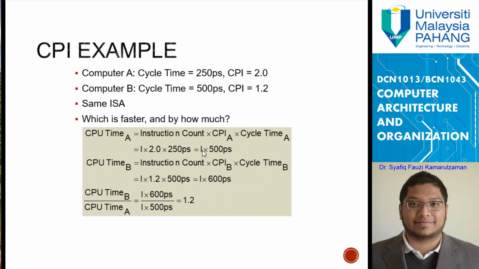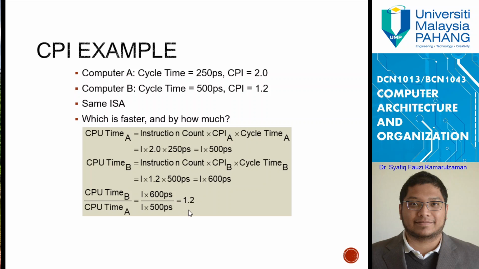For one instruction, it took 1 times 2.0 times 250 picoseconds, equal to 1 times 500 picoseconds. CPU time B is instruction count times CPI B times cycle time B: 1 times 1.2 times 500 picoseconds, equal to 1 times 600 picoseconds. So CPU time B divided by CPU time A is 1 times 600 picoseconds divided by 1 times 500 picoseconds. You can remove the 1 here, and you get 1.2 times.